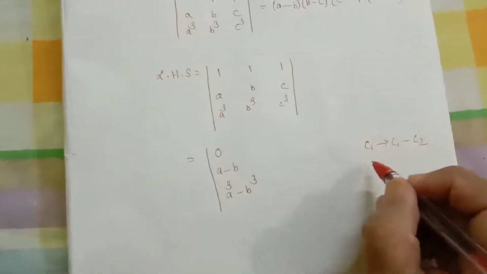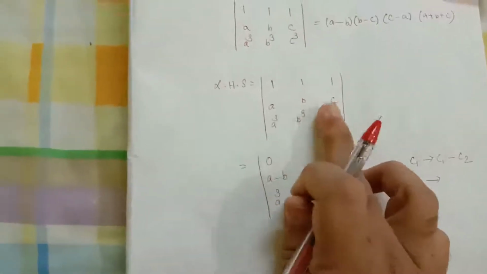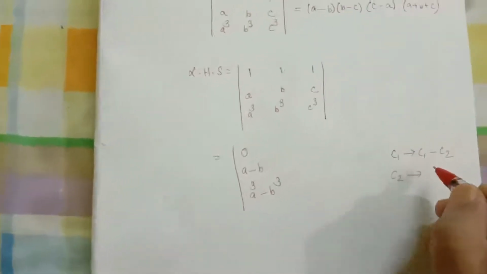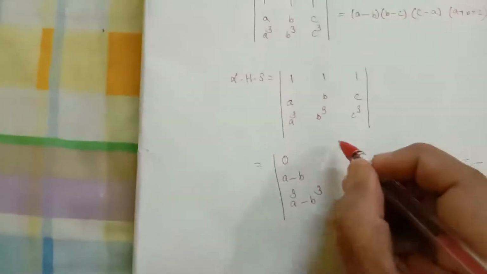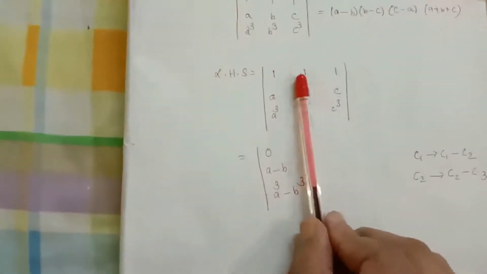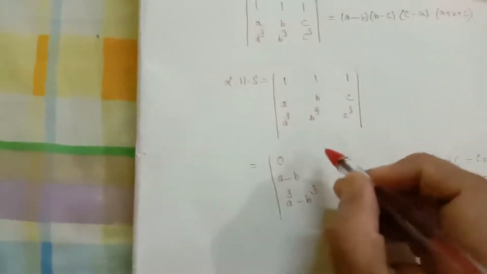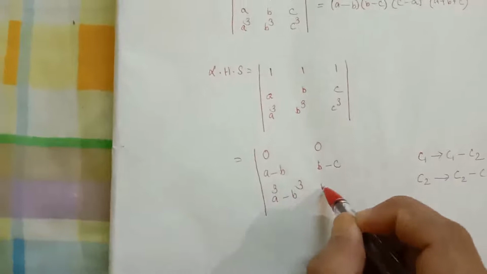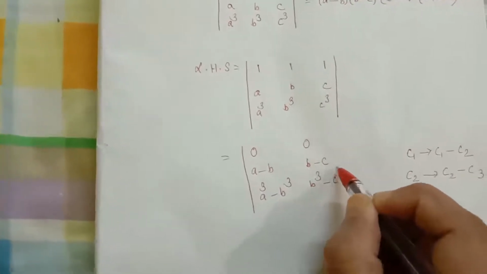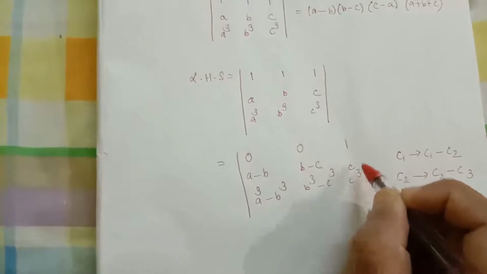So in the same step, replacing C2 by C2 minus C3, what will we get? 0, B minus C, B cube minus C cube, 1, C and C cube.